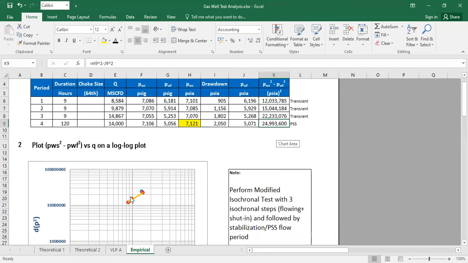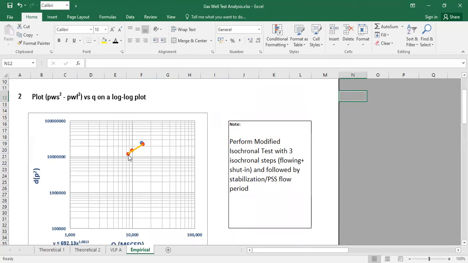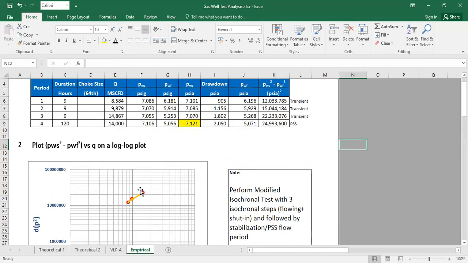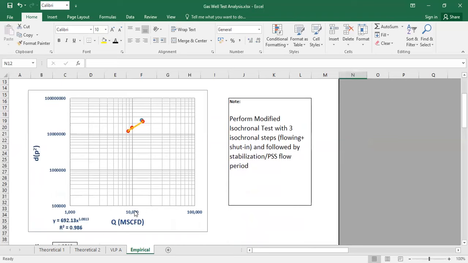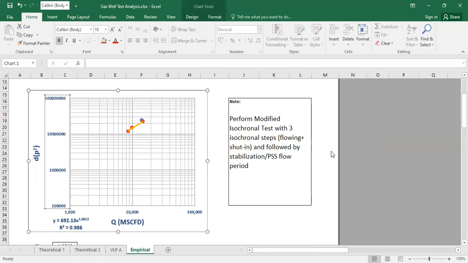Okay, so first I want to plot the transient flow or the transient periods. So you see we have these three red dots, and then I plot also the PSS flow, the blue dot. I want to maximize maybe here. I want to zoom in.